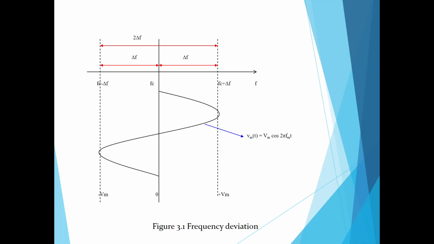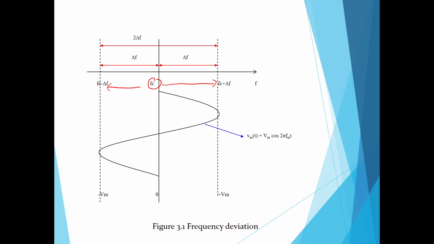This is the frequency deviation, showing the frequency deviation for the carrier. You see that for FM and PM, the carrier frequency will change from the carrier rest frequency to a high frequency, which is fc plus delta f, and it will also change to the minimum frequency, which is fc minus delta f.